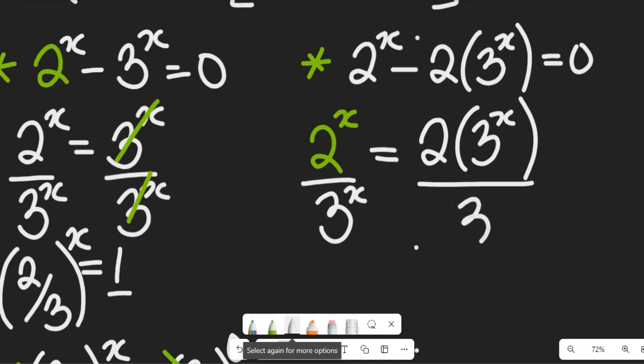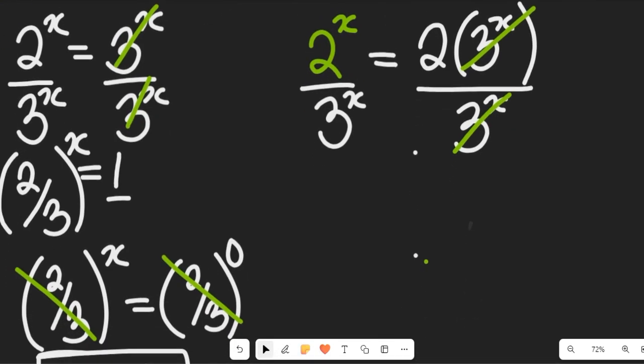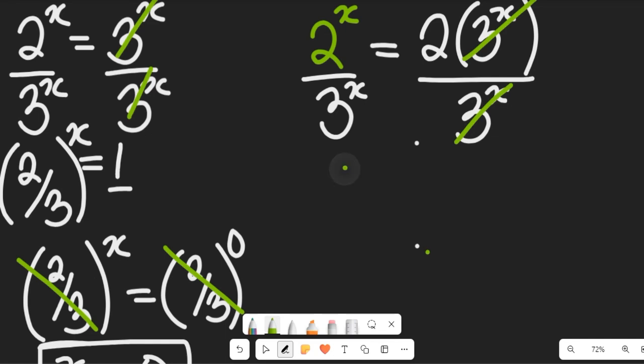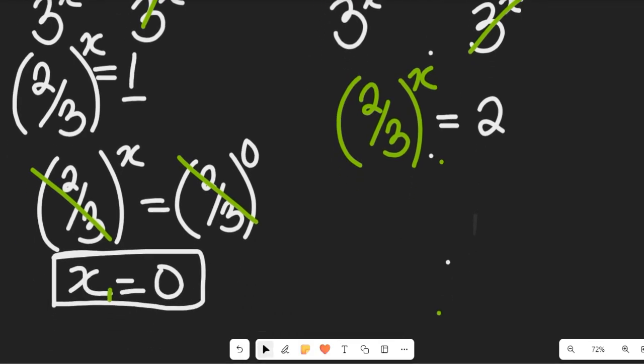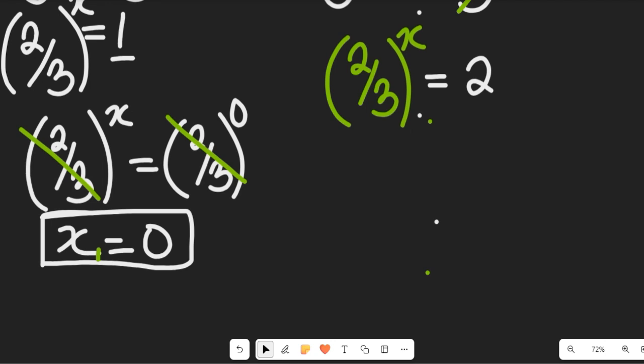What do we have? This is going to clear this, and then on the left hand side we are going to have that expression to now give us 2 divided by 3, all to the power of x equal to 2. Now how do we simplify this? Just like the other one, can we simplify this easily? No, because we have on the other side 2.